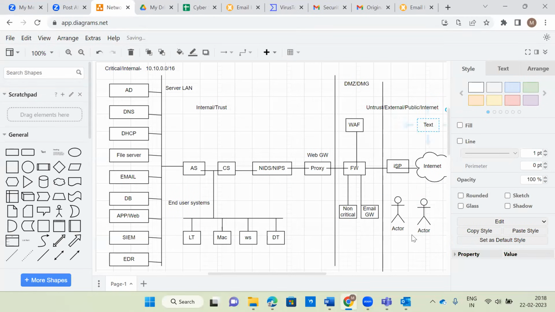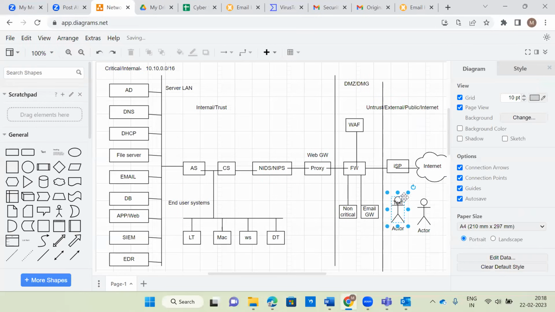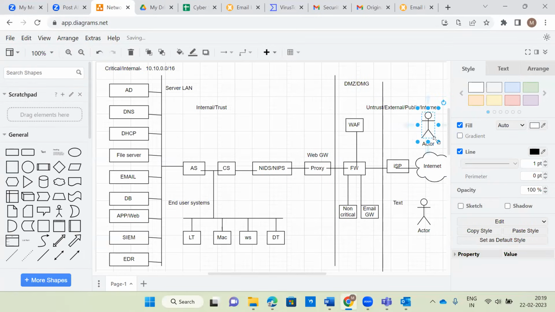You are sitting here, so you are public. You are sitting on the public internet whenever you try to access the Infosys careers website. So where is the Infosys career website located in this diagram?